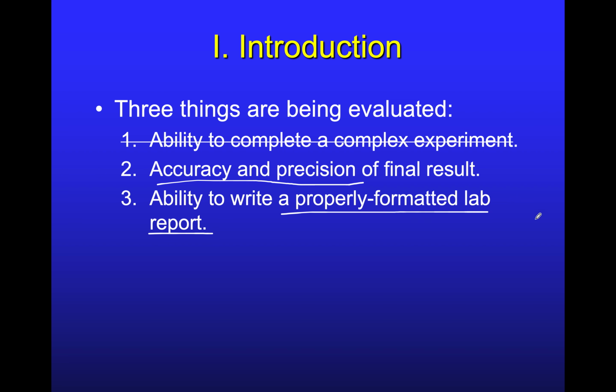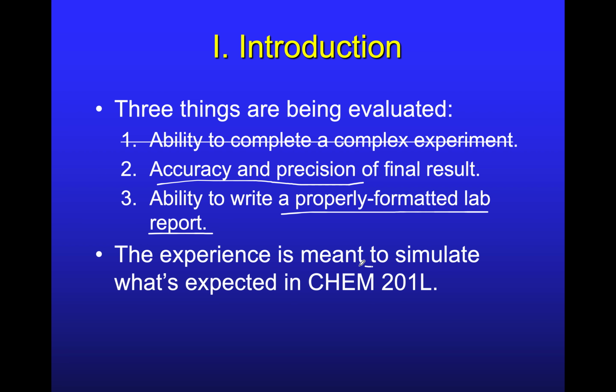Much more complicated experiment than all the others that you've done, so a lot will go into that. This is meant to represent 201L, so many of you are thinking about next semester now and where do you go, what do you do next? So CHEM201L experiments are complex. You work individually, so a lot going on here. This is kind of meant to simulate the policies I mentioned in activity 13. You would just be working with your partner.